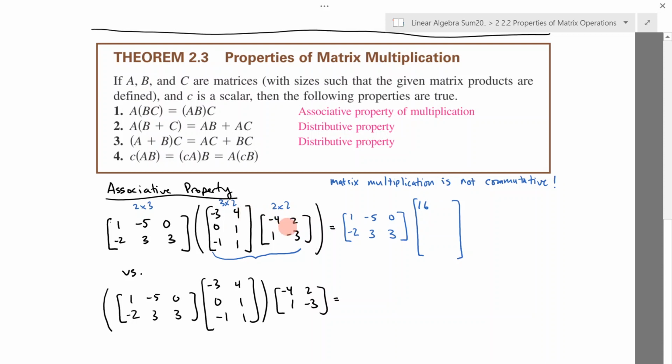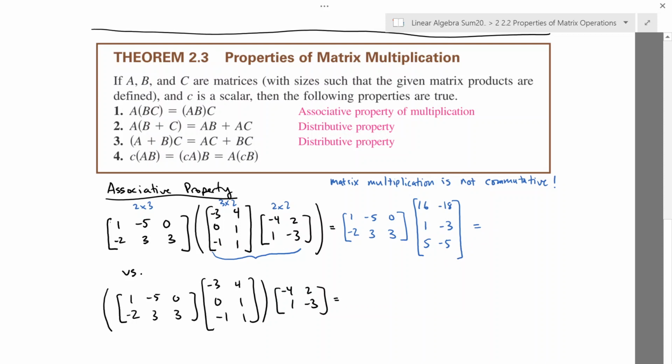Negative 6 minus 12 is negative 18. 0 plus 1 is 1. 0 minus 3 is negative 3. 4 plus 1 is 5. And negative 2 minus 3 is negative 5.